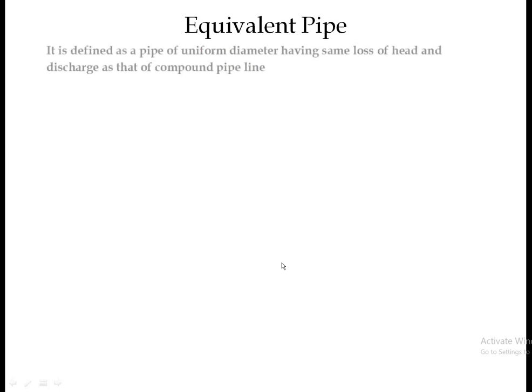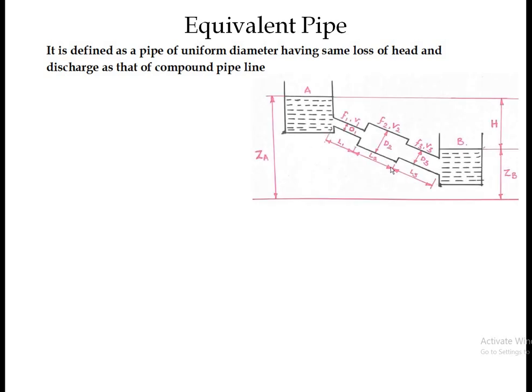Next, equivalent pipe. First we'll try to understand the meaning of equivalent pipe. An equivalent pipe is defined as a pipe of uniform diameter having the same loss of head and discharge as that of the compound pipeline. Consider these pipes which are connected in series. Suppose I want to replace these three pipes of different diameter and different length by a single pipe of uniform diameter.